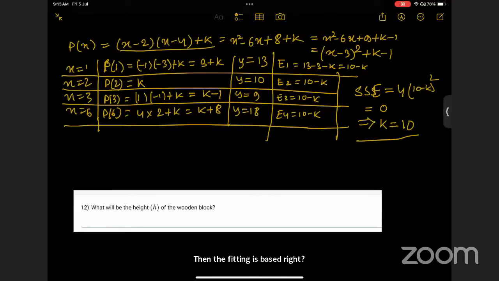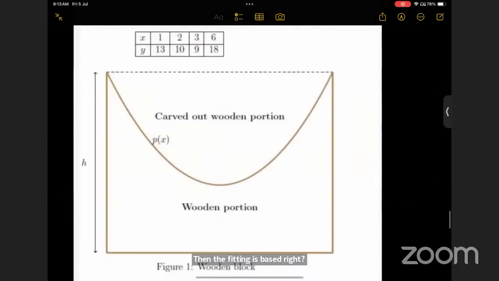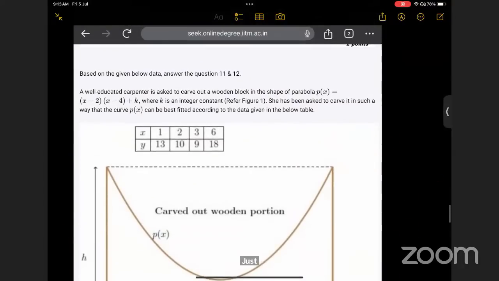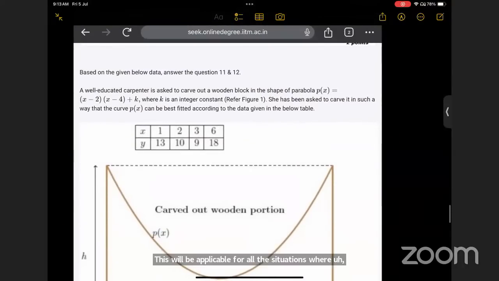Madam, will this be applicable for all the situations where you want to say the best fit, the best option available? It means in all the questions where you want to say the best curve or best possible, SSE will be 0.